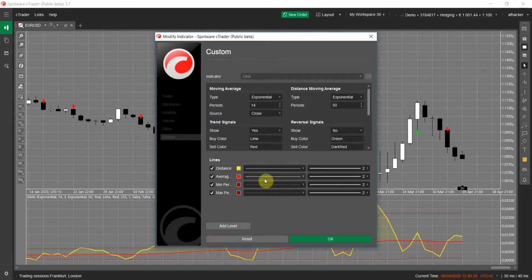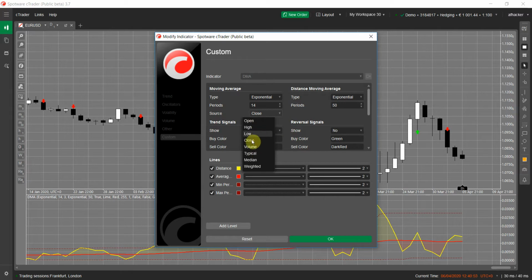So if we go here, it has four parameters. Distance from is the basic distance from the moving average that you specify here. You can set any of the supported cTrader moving average types, as you can see, and its period and source. The source is not the basic source parameter that you find on other cTrader indicators.